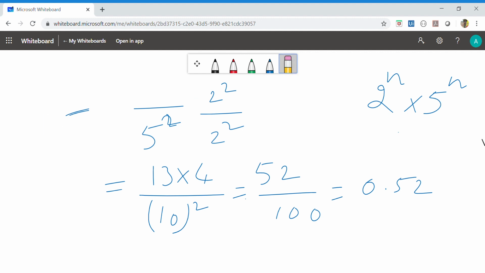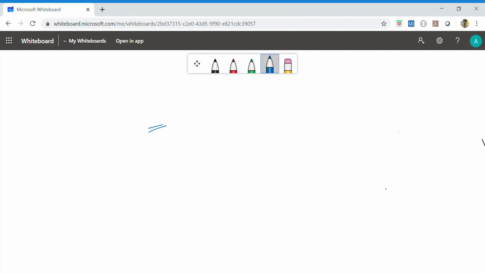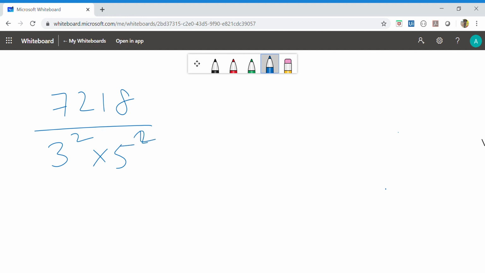Okay, one more example I'll give. Convert 7218 by 3 square into 5 square into decimal form without actual division.